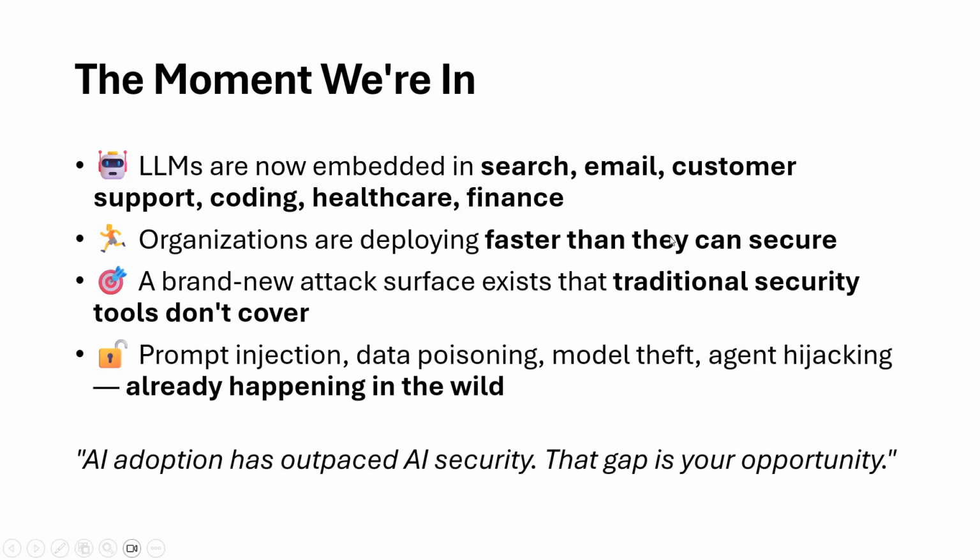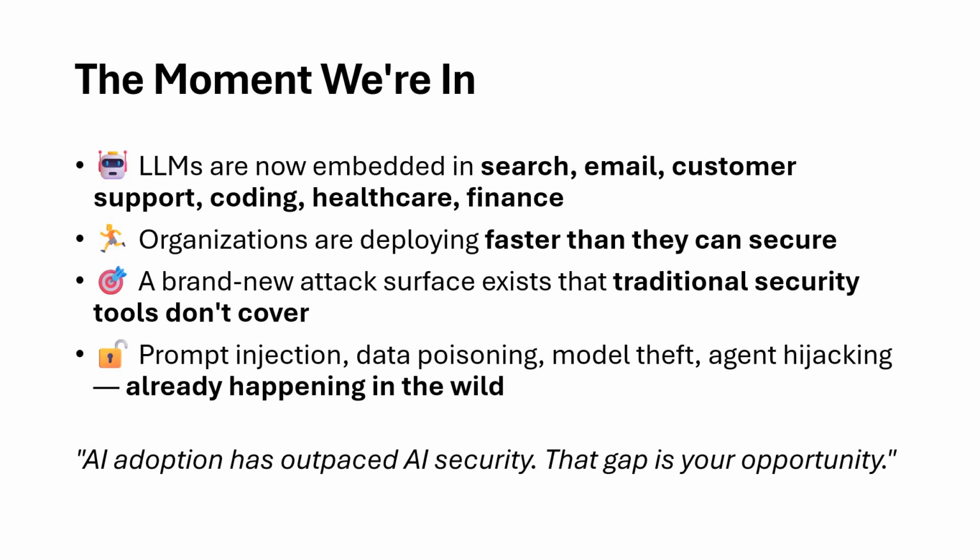Now, organizations are deploying faster than they can secure. The deployment is faster for sure, and almost everything is getting disrupted with AI ingestion in place. But we cannot negotiate on the security part of it. A brand new attack surface exists that traditional security tools don't cover. AI brings new attack surfaces which we don't know, and these AI tools are not limited to ethical use.